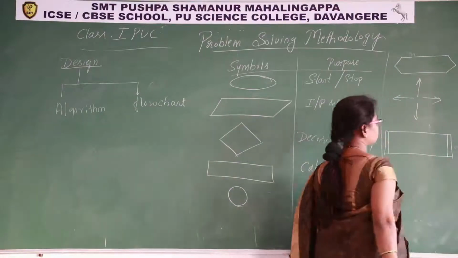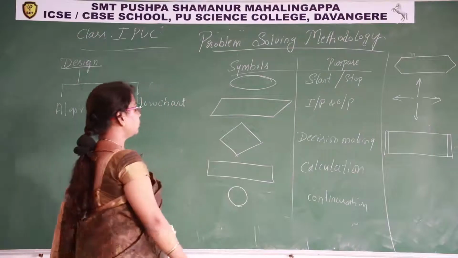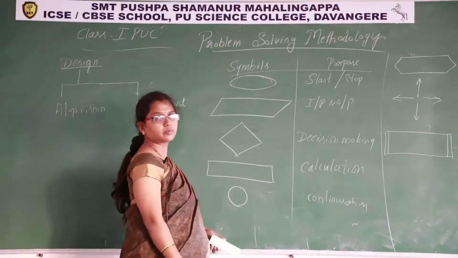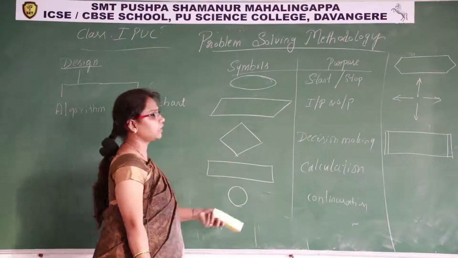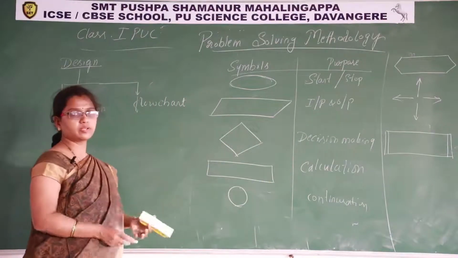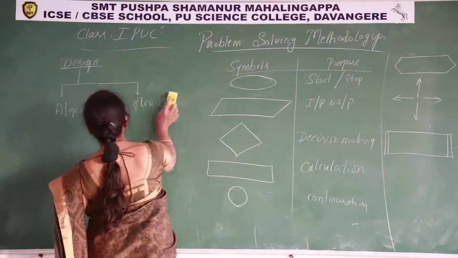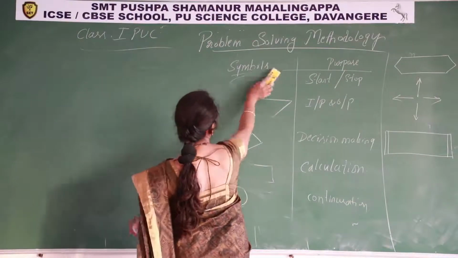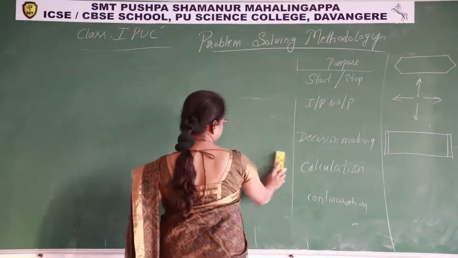So you have to memorize this table. You have to learn it so that you can draw the entire flowchart for a given problem statement. Now let us take a problem statement and write the algorithm and flowchart.